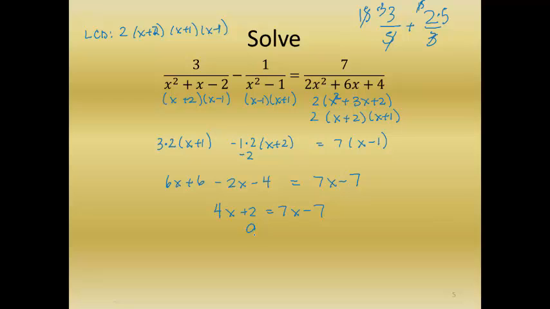I'm going to add the 7 this way and subtract the 4x this way, and I will get x equals 3. I do have to go back and make sure that none of the values would cause an issue if I substituted in a 3. And it will not, because my restricted values were that x could not be a -2, a +1, or a +2. So 3 is perfect, and that is our answer.